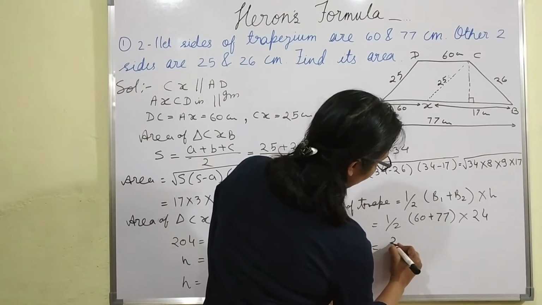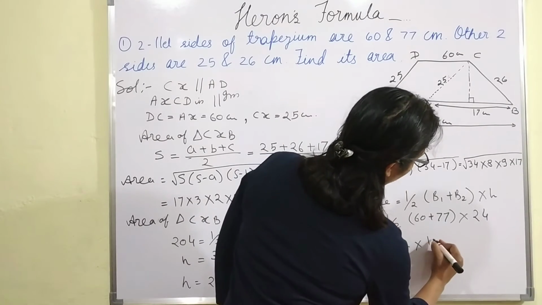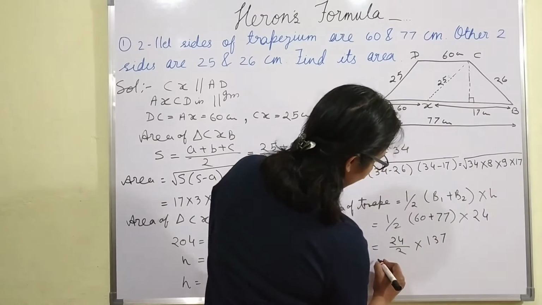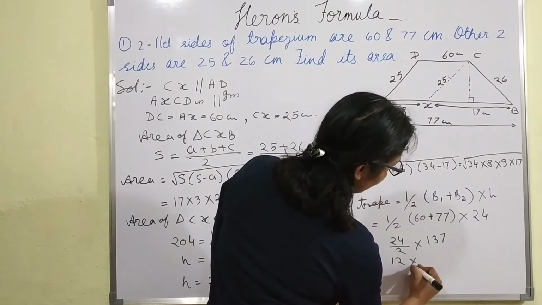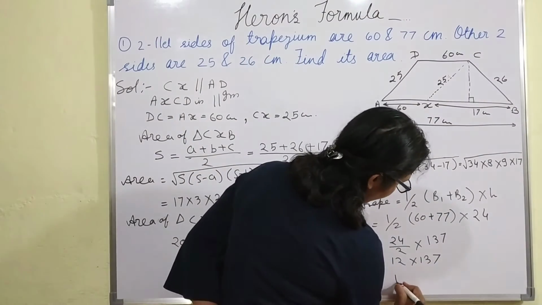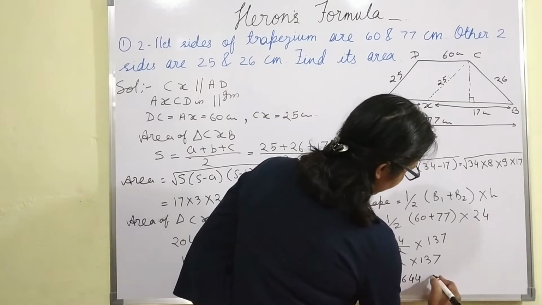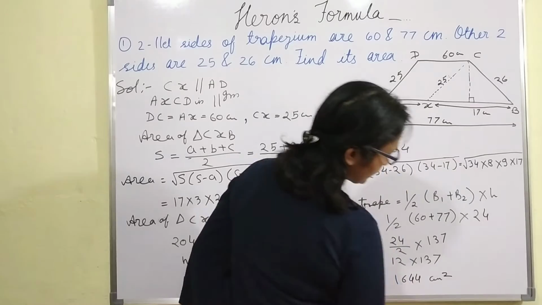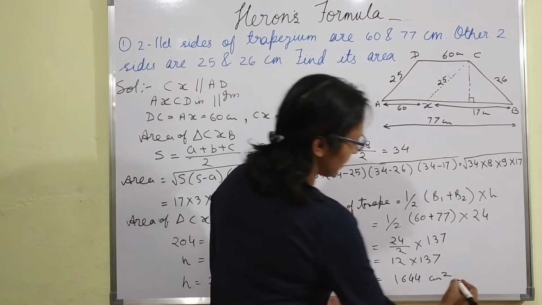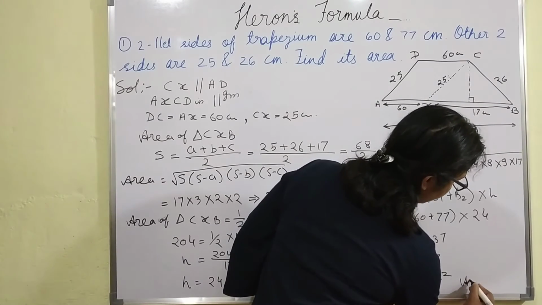So 24 divided by 2 into 137 means 12 into 137. So 1644 centimeter square. So it's our answer.